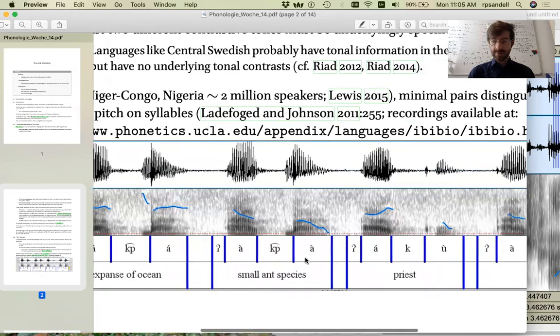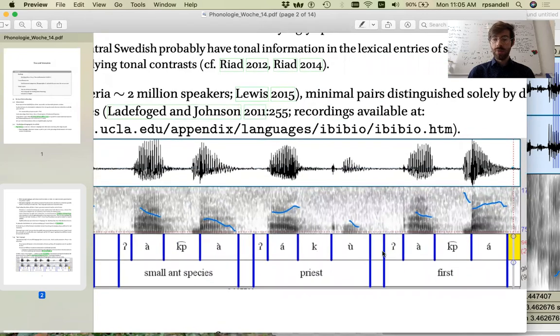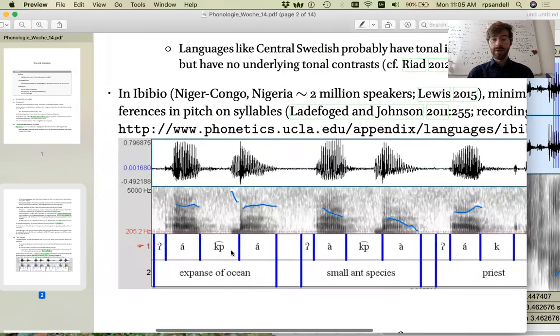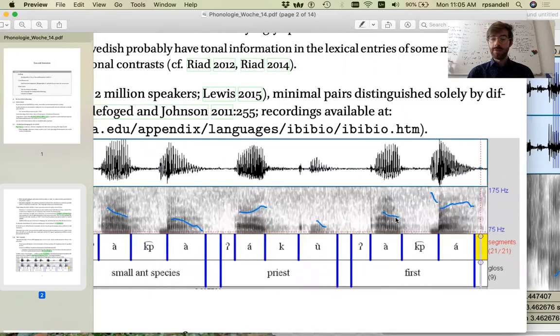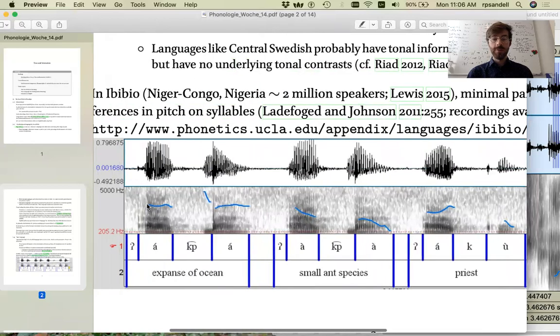And if we contrast this with the word for first, again segmentally identical to the words for expansive ocean and small ant species, we can see that the pitch on the first syllable is lower, somewhat more similar to the pitch on the vowels of the word meaning small ant species, whereas the pitch on the second syllable is higher, more similar in range to the pitch on both of the vowels in the word for expansive ocean.